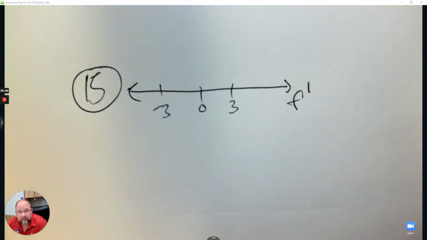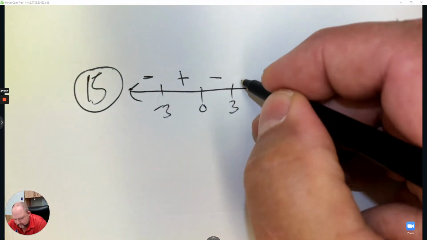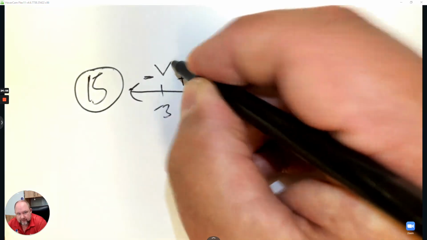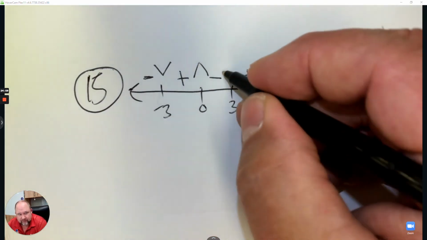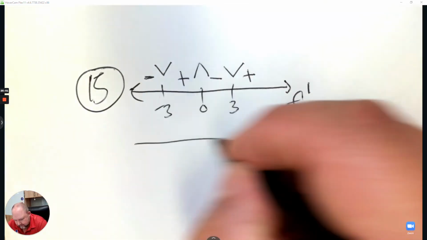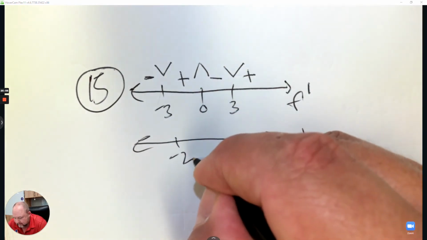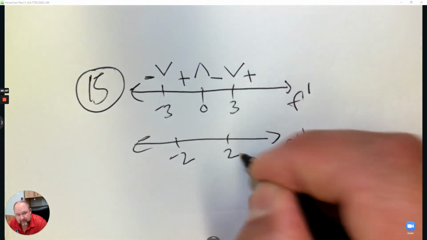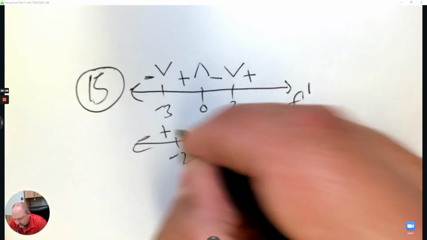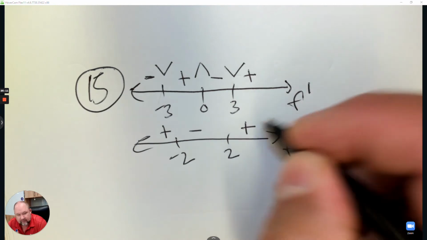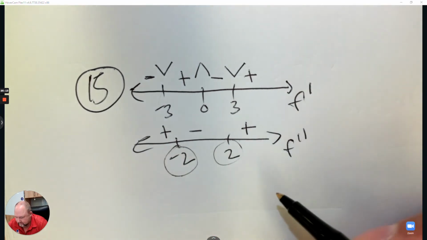Then look for above or below. So it's below and then above, below and then above. That means there's a minimum here, a maximum here, and a minimum here. If I do the second derivative, I'm looking for turning points. So there's a turning point at -2 and a turning point at 2. And it increases, decreases, increases. So these are points of inflection.